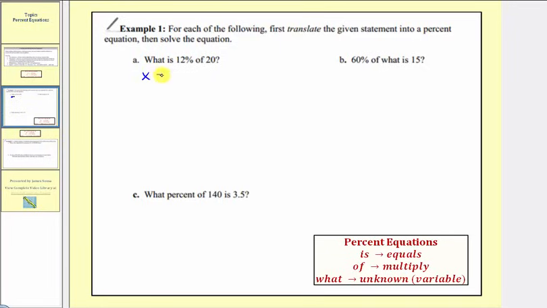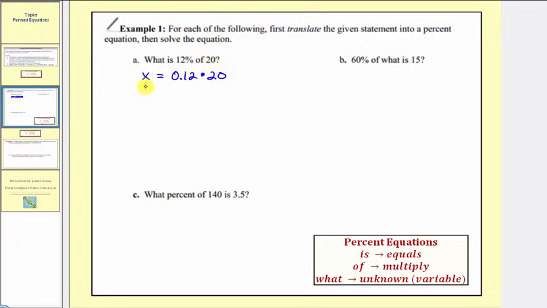Is means equals. Now here we have 12%. Remember, if we have a percentage, we must express this as a decimal. 12% is equal to 0.12. Of means multiplication, so we have times, and then we have 20.